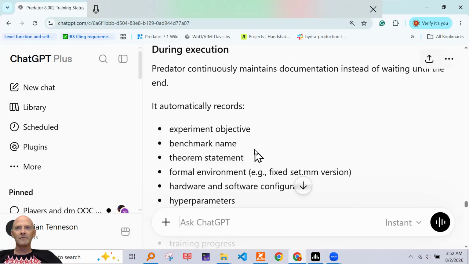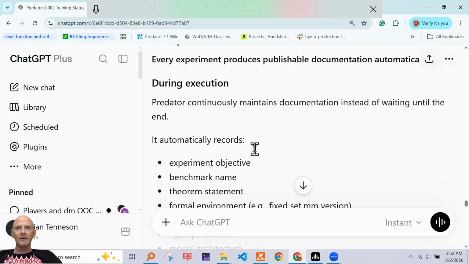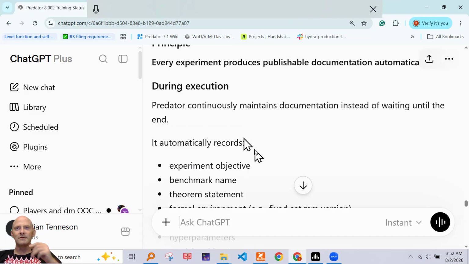Oh, cool. Wow. During execution, Predator continuously maintains documents. I didn't even tell it to document this stuff.